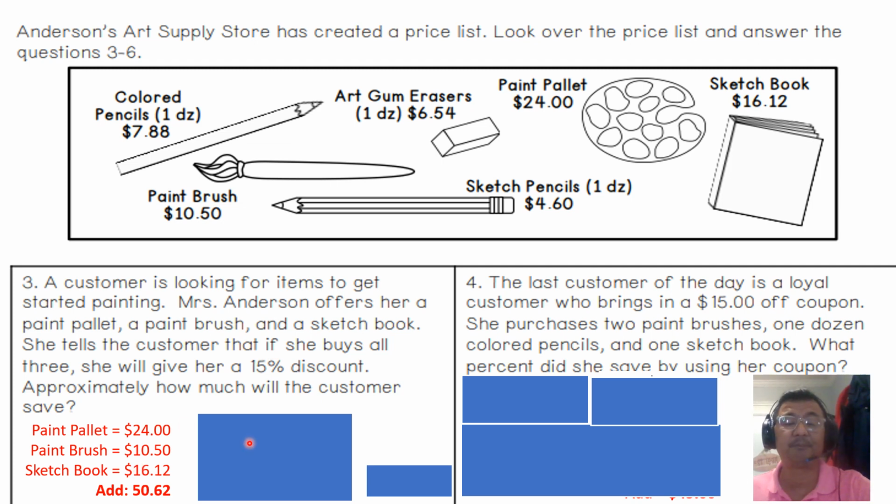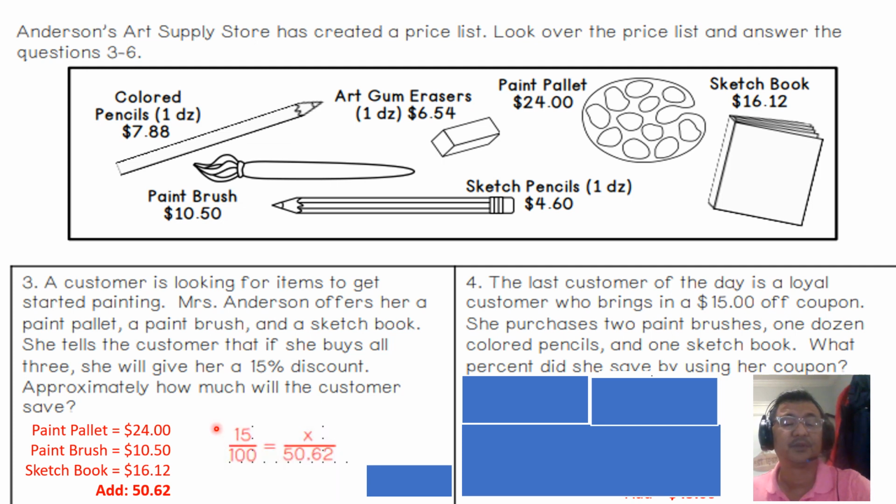So let's get the part which we want to know. 15 over 100, that's the percent. The part on top is the missing one, and the whole is 50.65. We want to know how much that will be. Do your cross multiplication. 100 times x, and then multiply 15 times 50.65. What will we get? The total here will be 100x.